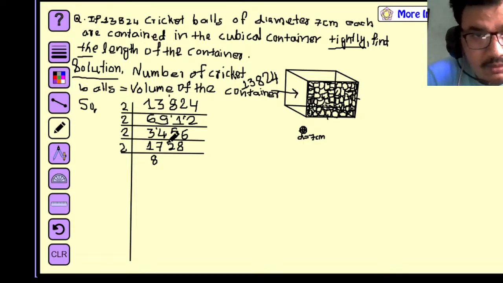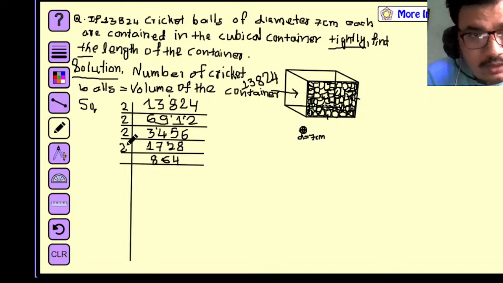And what will be here now? It will be 12, right? 2 6s are 12, and 2 4s are 8.